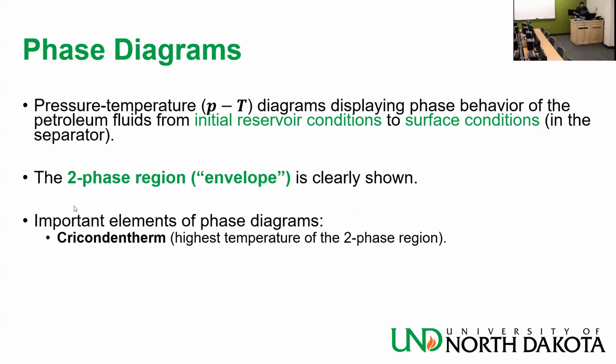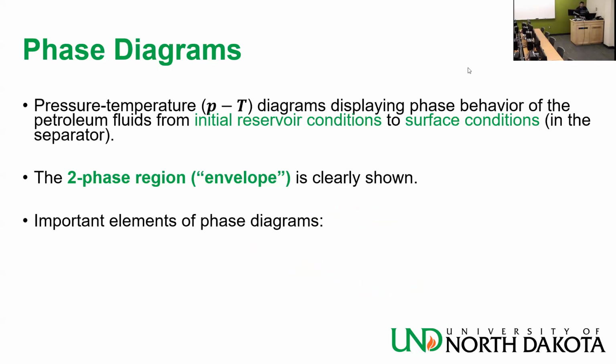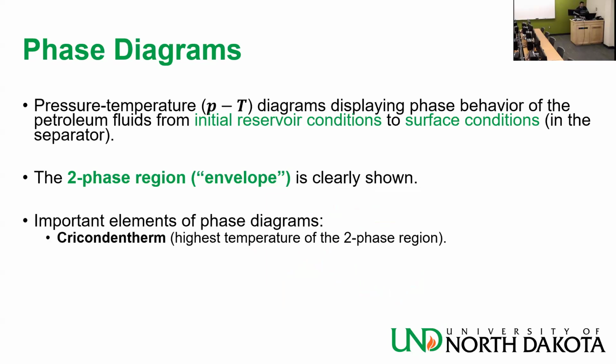The important elements that I want you to know start with the cricondentherm. That's the name of the highest temperature of the two-phase region. So this is my temperature, pressure. The cricondentherm is the highest temperature of the two-phase region. So how far on the horizontal axis do I go? I think I go like up to here.